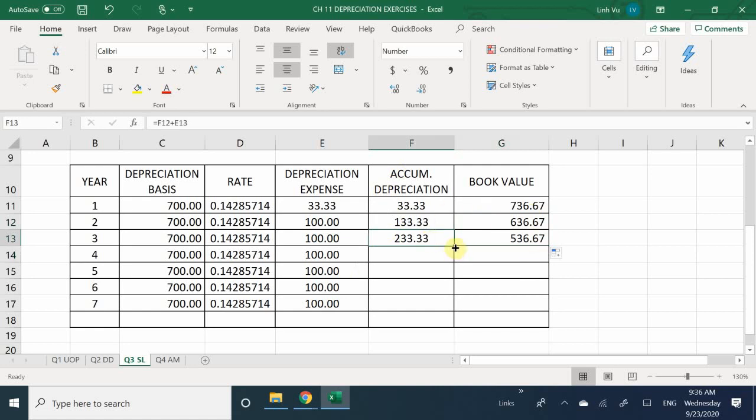So my next number is going to be 333.33. What is my book value going to be now?